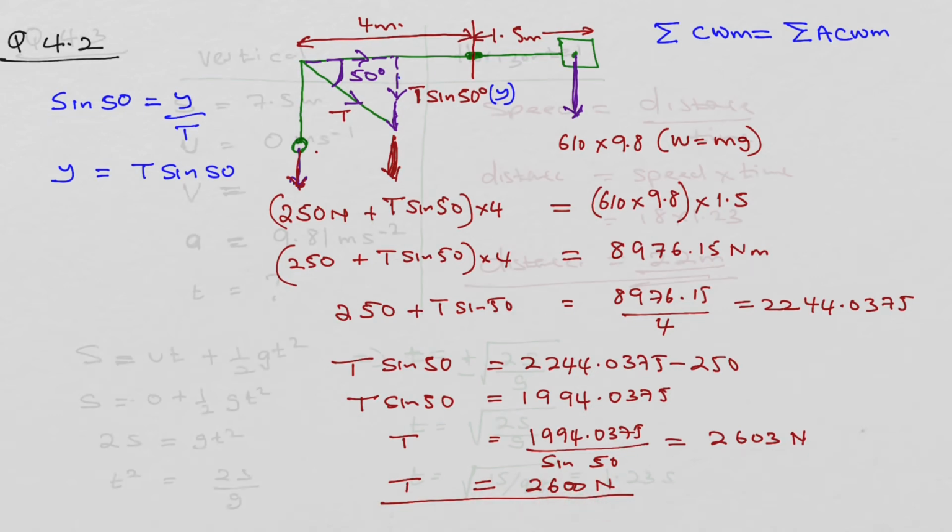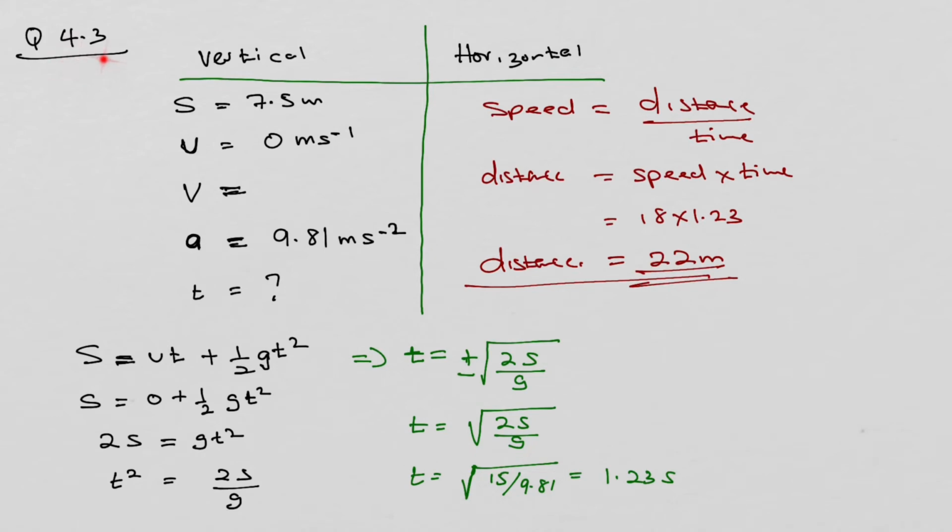2,600 newtons. Question 4.3. We've got a projectile released from a height of 7.5 meters. So we've got the vertical, and then we're looking at the horizontal. From the diagram, we've got the height here, and we've got the range there. We need to write down the SUVAT for the vertical: s, the vertical distance, is 7.5.